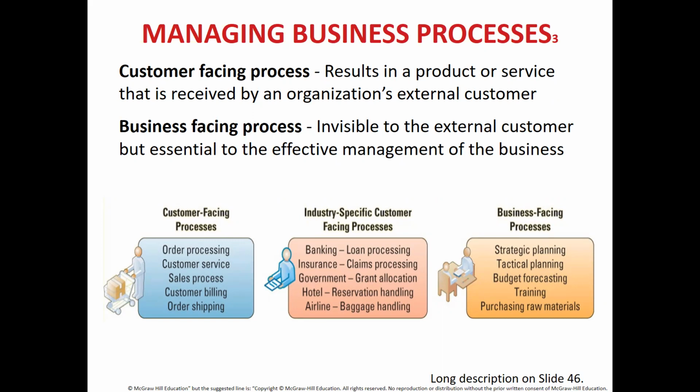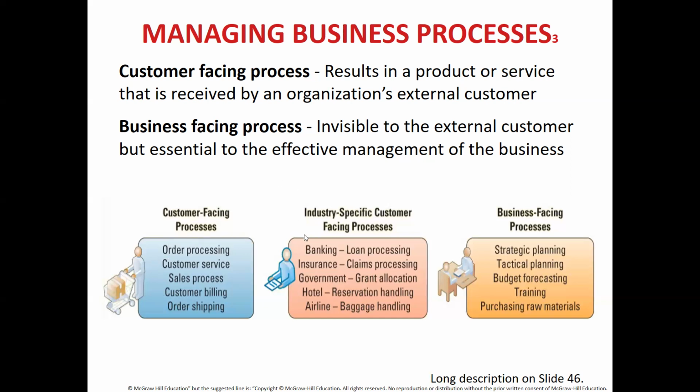If you have a look at the diagram at the bottom of the slide, customer facing processes involve order processing, customer service, sales process, customer billing, order shipping. Then there are industry specific customer facing processes. This is the individual customer, this is the business customer base.